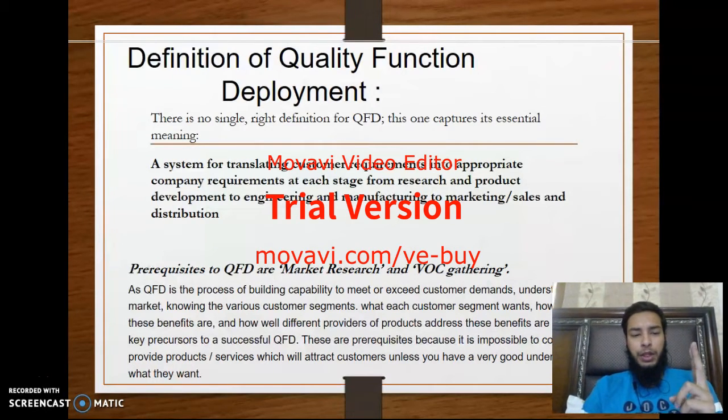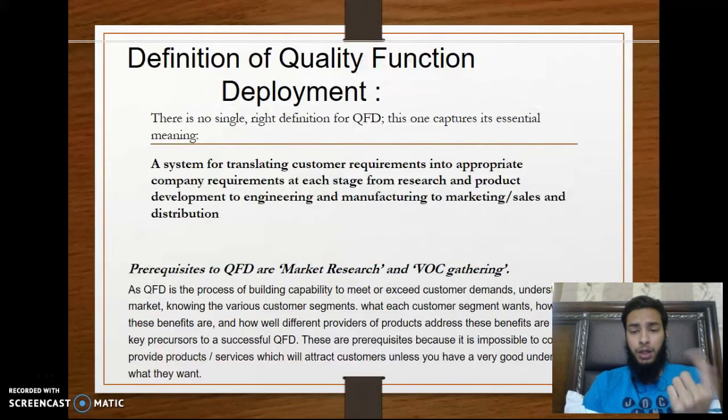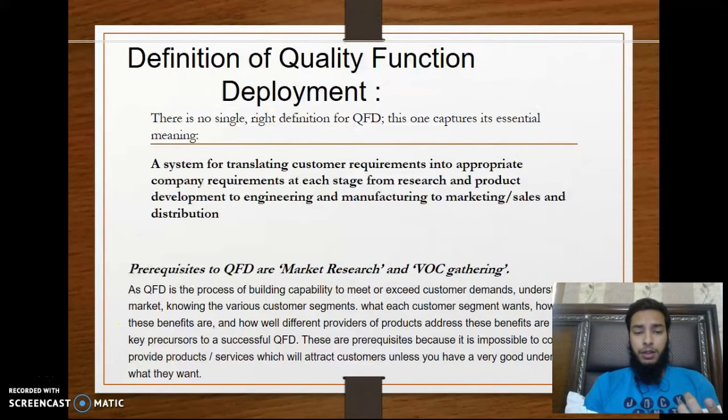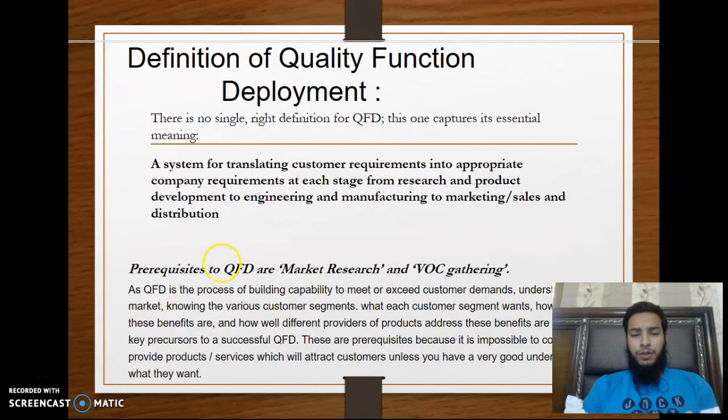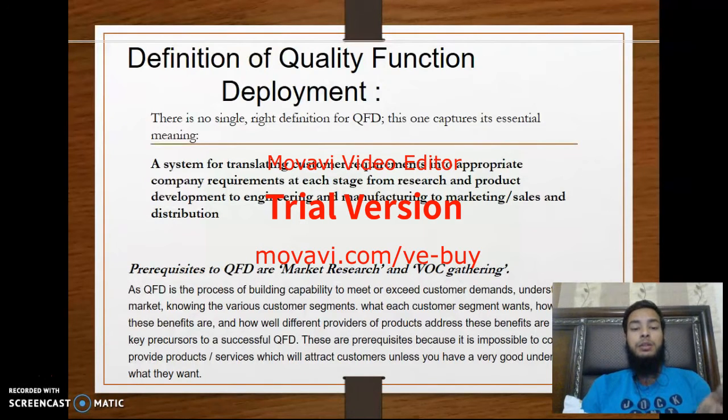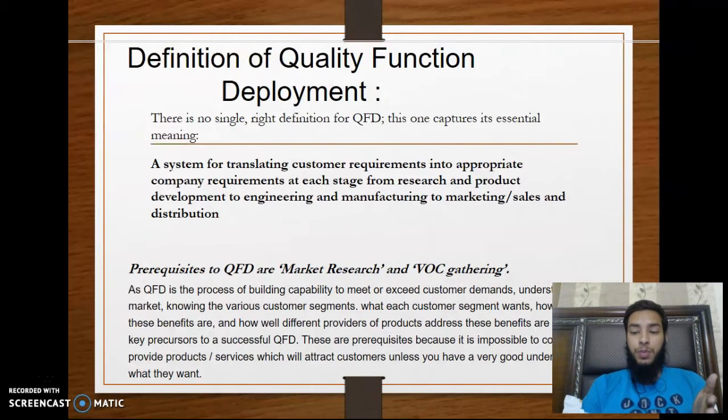The two prerequisites to QFD are market research and VOC gathering, because it's a process of building capability to meet or exceed customer demands. Understanding the market, knowing the various customer segments, what each customer segment wants, how important these benefits are, and how well different providers of product address these benefits are some of the key precursors to a successful QFD.